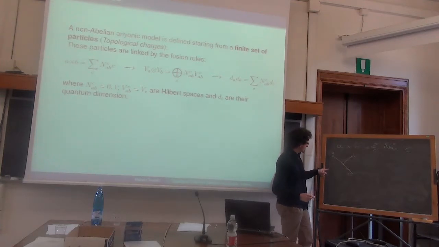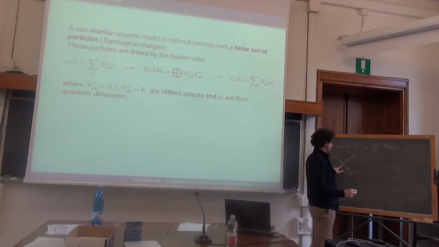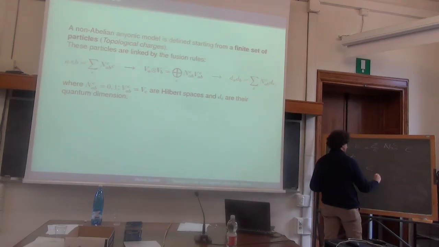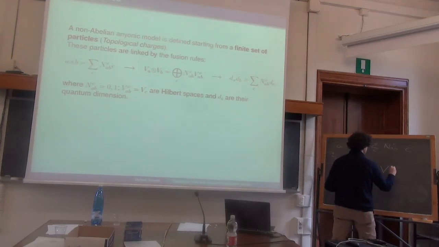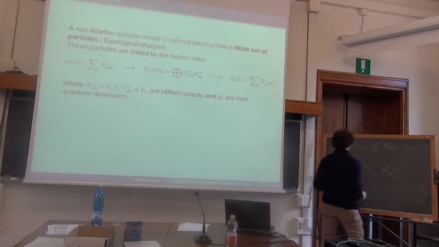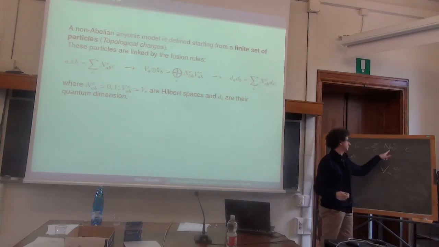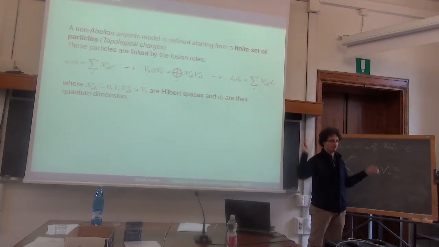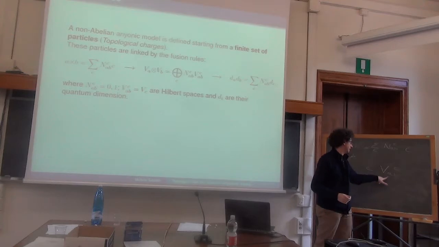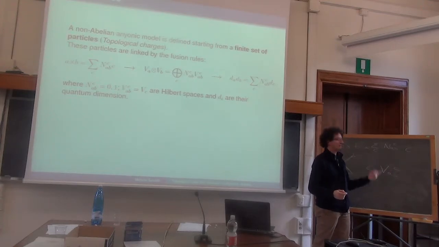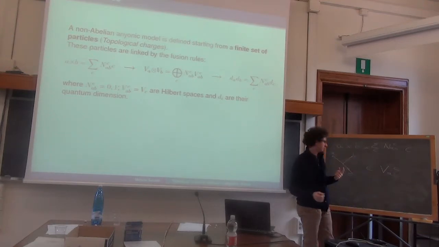And as I told you, this state is inside a fusion space that I can call V_AB^C. In general, for us, since we take N to be either 0 or 1, but never with higher degeneracy, this fusion space is actually composed of a single state.